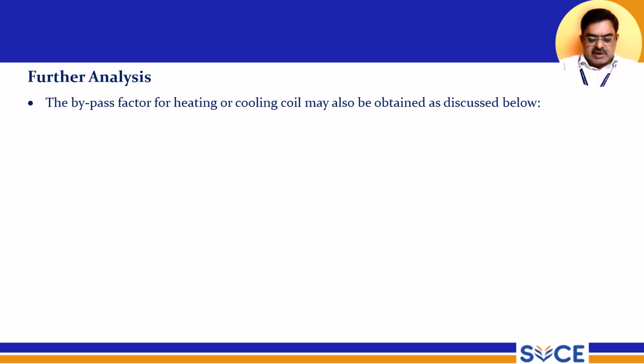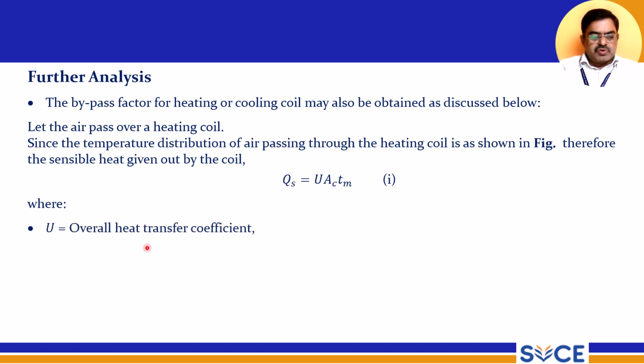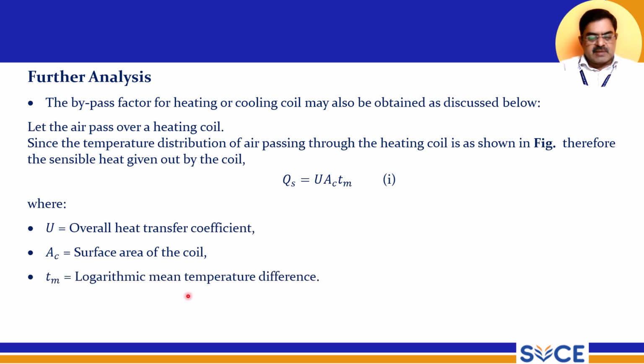Further we can analyze this. The bypass factor for a heating or cooling coil may also be obtained as discussed here. Let the air pass over a heating coil. Since the temperature distribution of air passing through the heating coil is as shown in the earlier figure, the sensible heat given out by the coil is Qs equal to U A C Tm, where U is the overall heat transfer coefficient, AC is the surface area of the coil, and Tm is the logarithmic mean temperature difference.